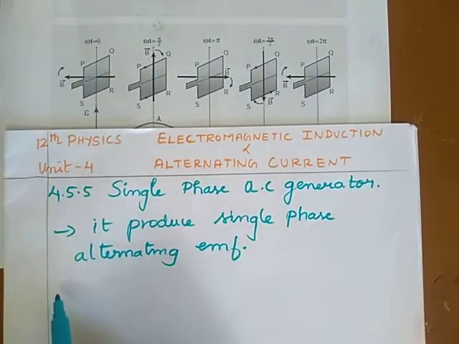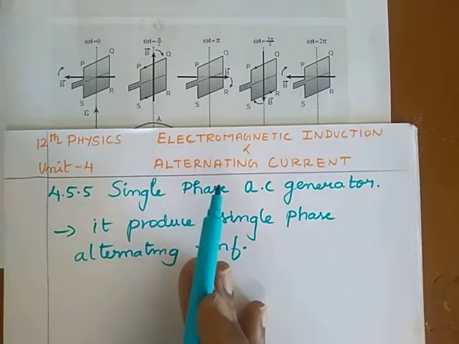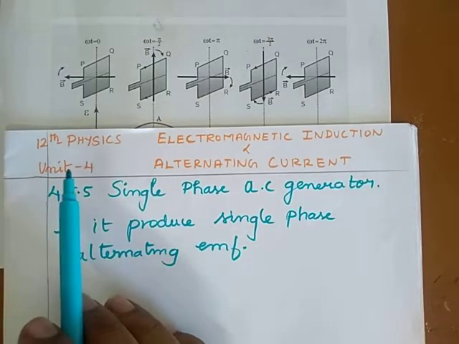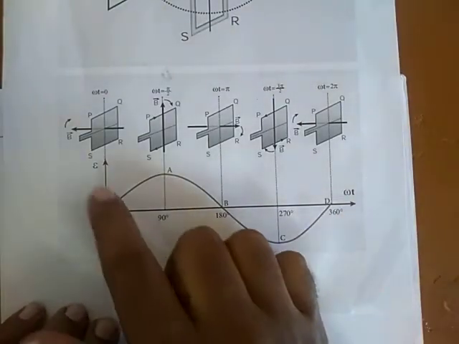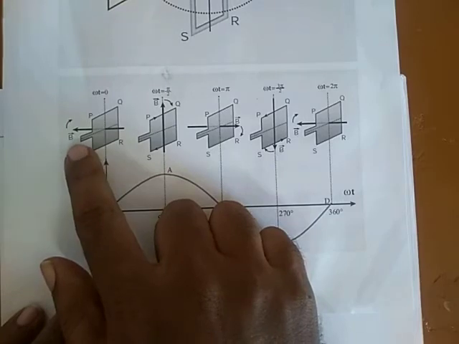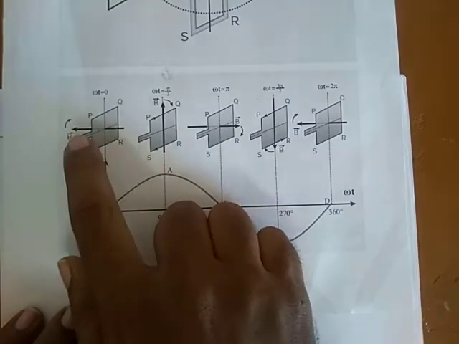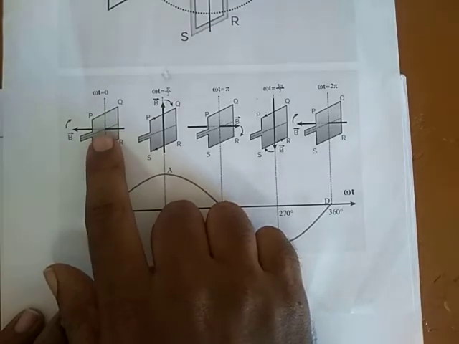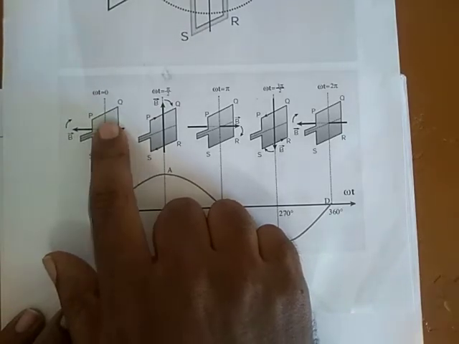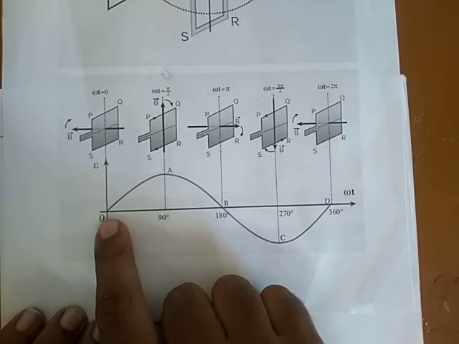First of all, the coil is stationary and the magnetic field is horizontal. In that case, the angle between the magnetic field and the coil plane is 90 degrees. For that case the induced EMF is 0.